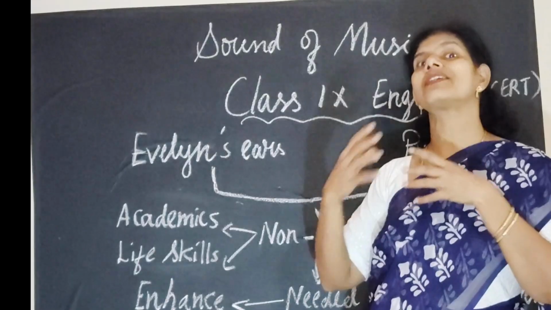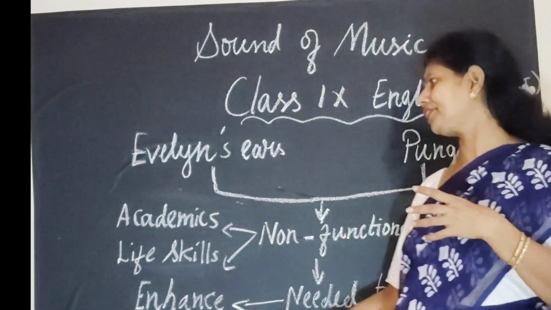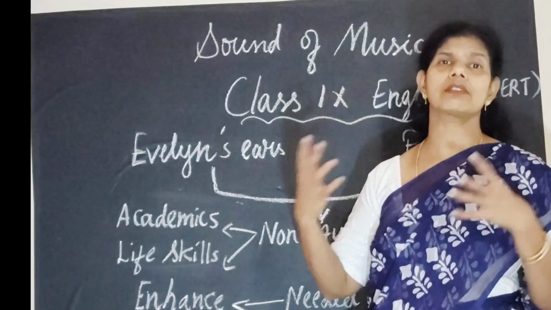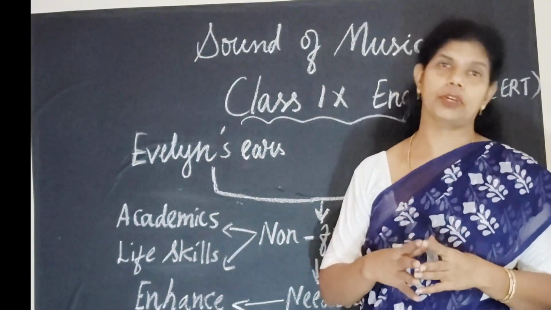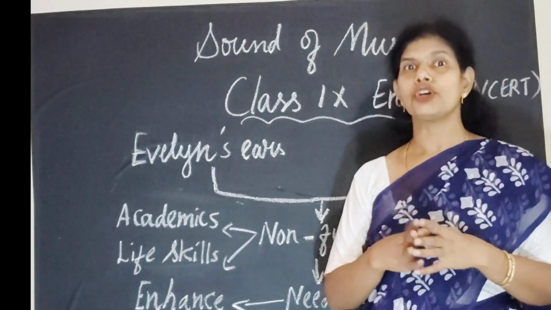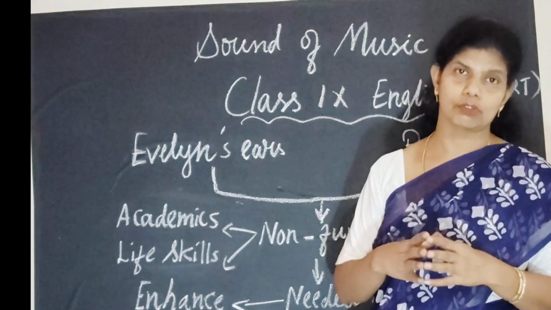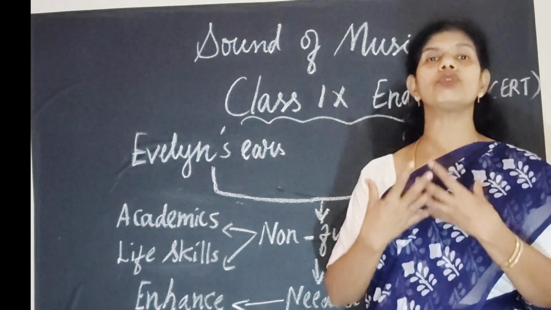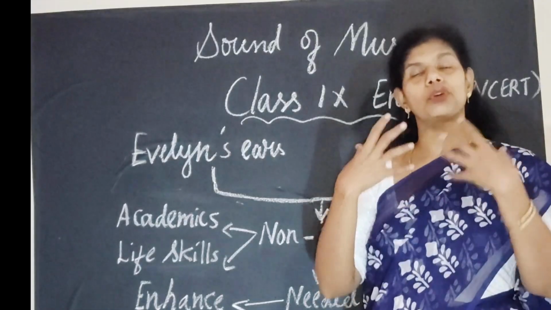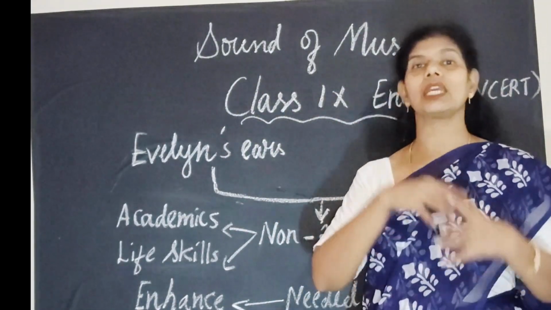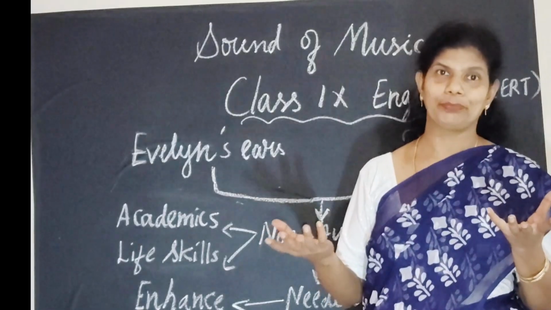Whereas in Evelyn's case, she only had to enhance her other sense organs. You understand the difference? So when something is non-functional, you have two choices to make. You need to know whether the non-functional thing needs transformation or it needs enhancement.